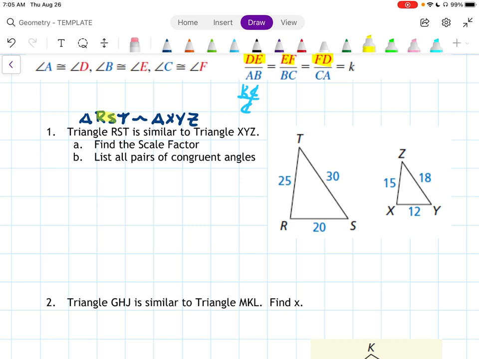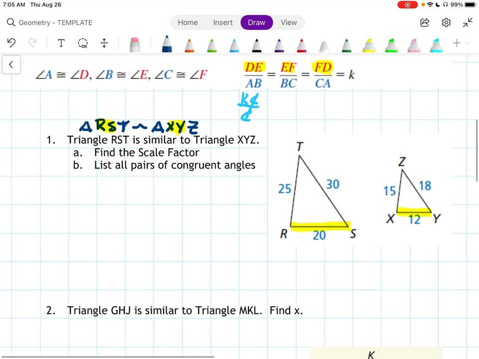I'll pick RS and XY. Hopefully we can remember that whenever we have a similarity statement, the order that they're listed in matters, right? So R and S are in the first two spots, X and Y are in the first two spots. So that's telling me that RS and XY, those sides go together.